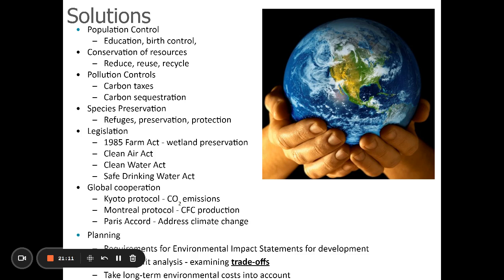So there's always these sort of positives and negatives, these costs and benefits. We call those things trade-offs. When we're trying to address problems, thinking about what those trade-offs are is an important part of the process. We have to look at that and make a decision as to the overall benefit of these various actions.